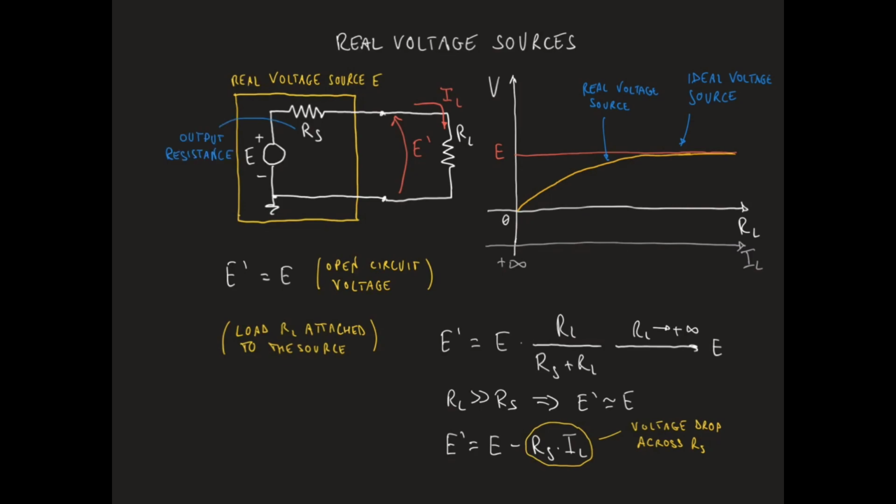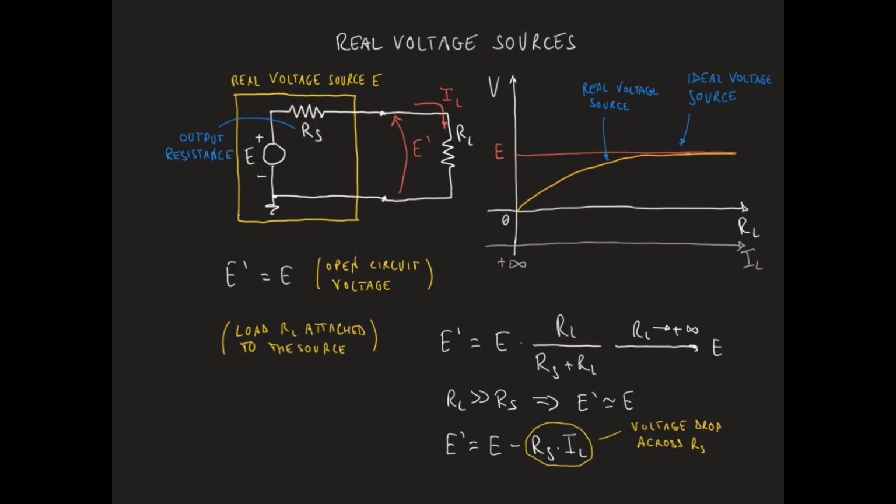Based on the results we have obtained in the case of the real voltage source, we can say that a voltage source prefers an open circuit because in that case the current it has to provide is zero. And then it can maintain at its output a voltage which is as close as possible to the ideal case.